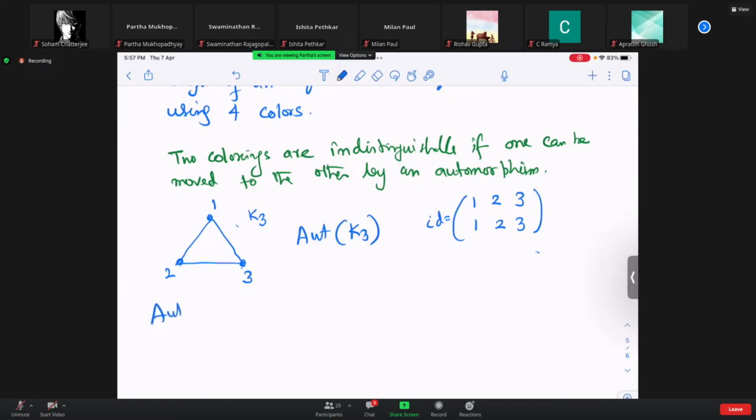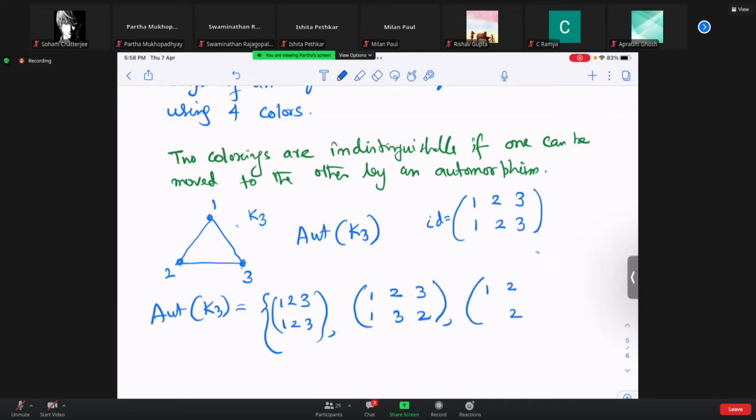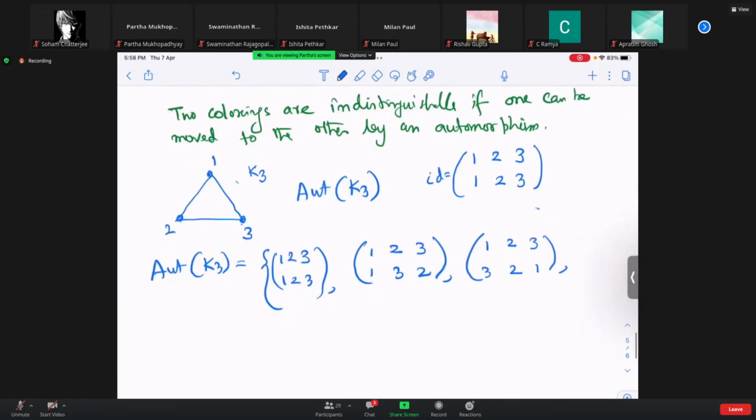So let's write the automorphism group more explicitly. So this is the identity, and let's look at the fixed point: 1 to 1, and then 2 goes to 3, 3 goes to 2, then 2 to 2, 1 goes to 3, 3 goes to 1. Sir, actually, as the graph is complete, any permutation will be an automorphism.